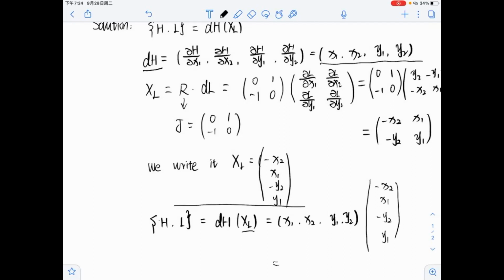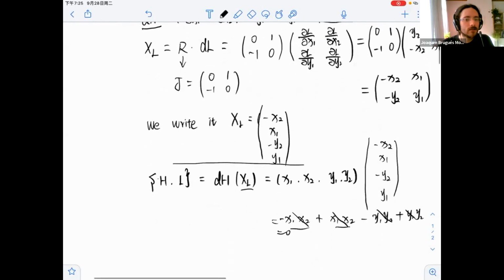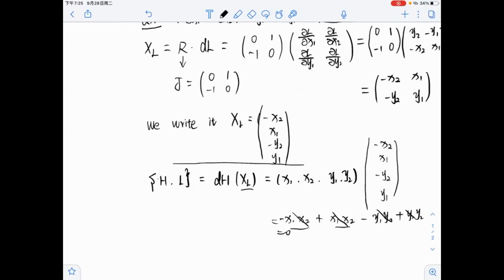So we can get this is equal to x1 times (-x2) plus x2 times x1 minus y1 y2 plus y2 y1. So we get that it is equal to 0. That's all. This is my solution. Yeah, thank you very much.